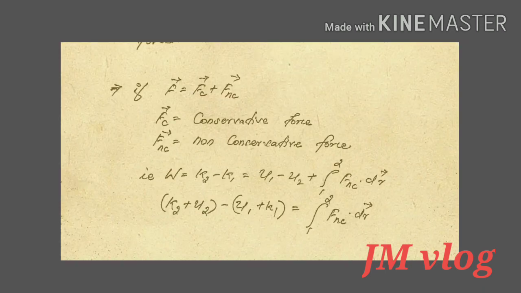We are thinking about a particular situation in which the total force is due to conservative and non-conservative forces. Here we find out the total work done, that is the work done due to conservative force and non-conservative force. Here we found that the difference in the total energy is equal to the work done due to non-conservative force.